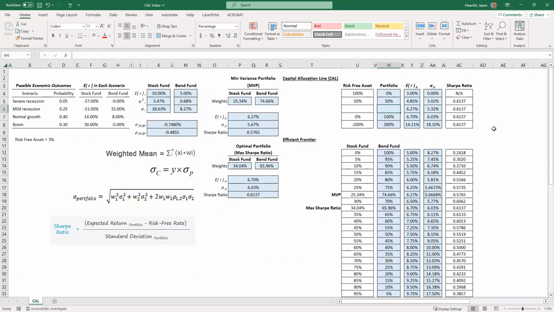So working in reverse again, we go to this formula now. Now we're looking for the portfolio weight, that Y. So I take the standard deviation of the complete portfolio and divide it by the standard deviation of the portfolio, then I'll get the weight that belongs there.